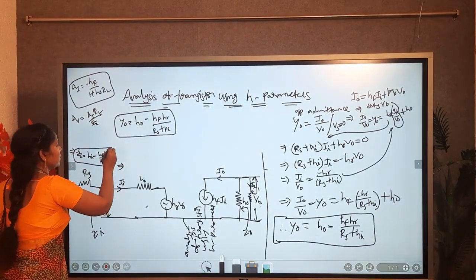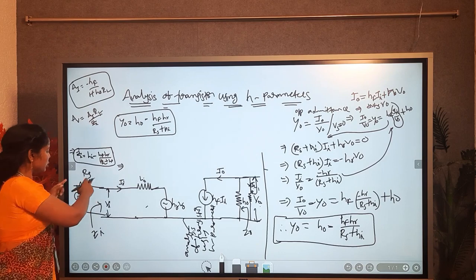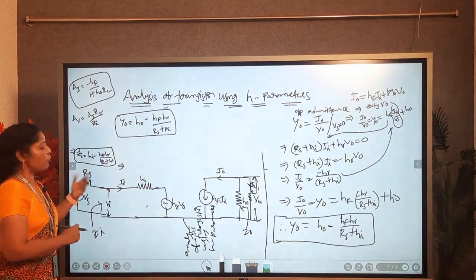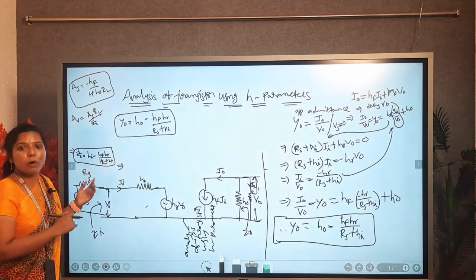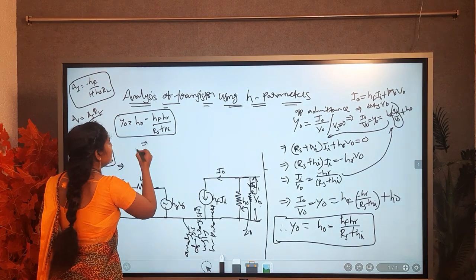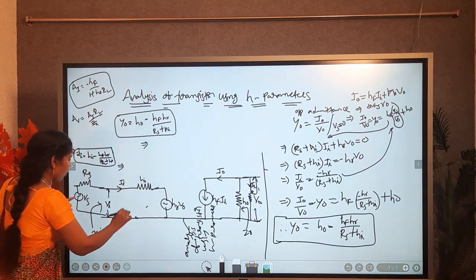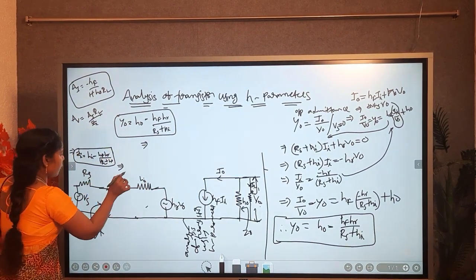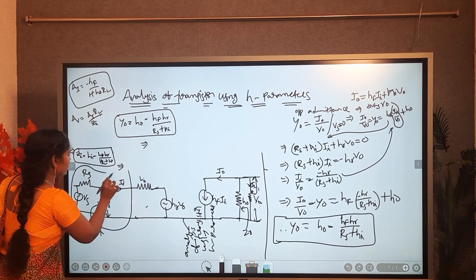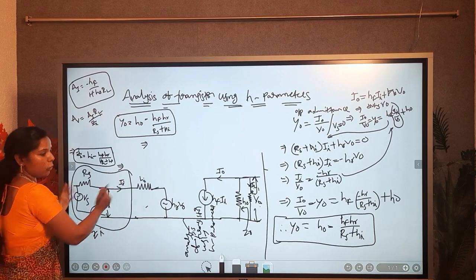In that, if you consider the source resistance Rs and the source voltage Vs, then what will be the overall voltage gain, and what will be the overall current gain? If you want to find this, take this part only.